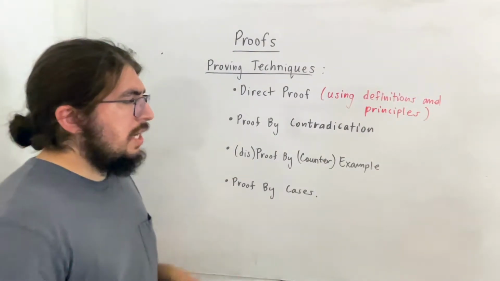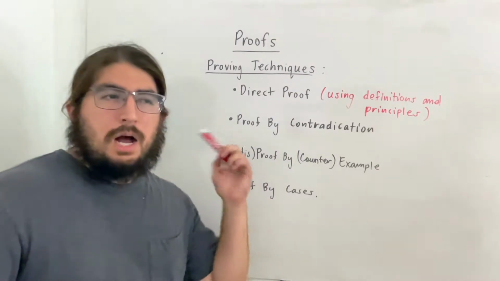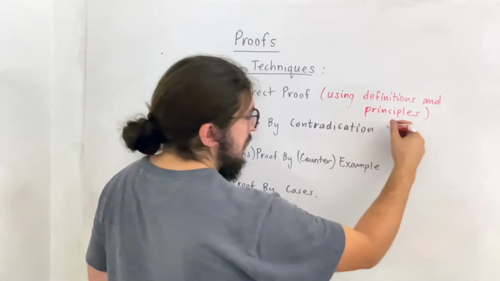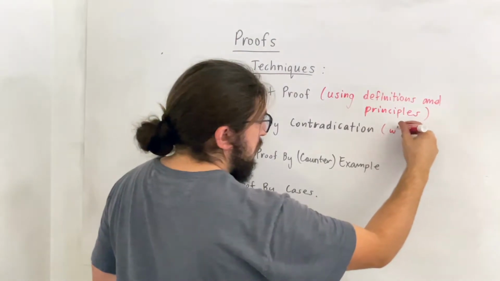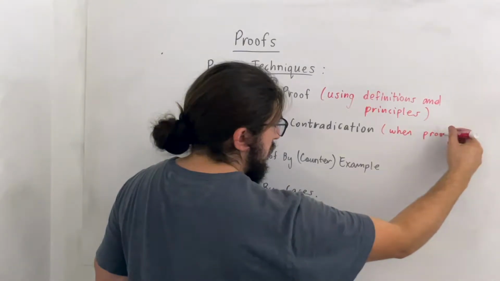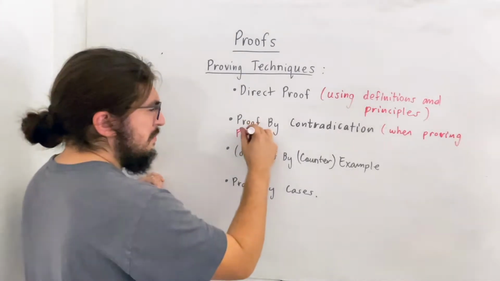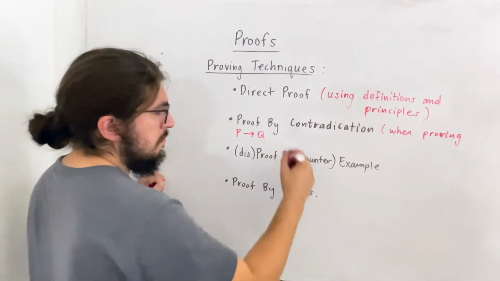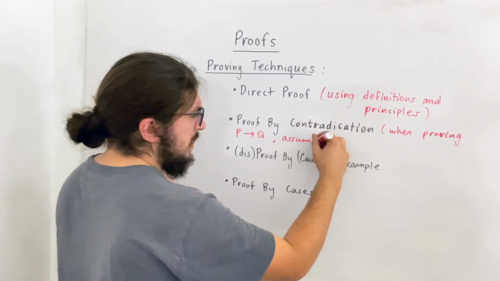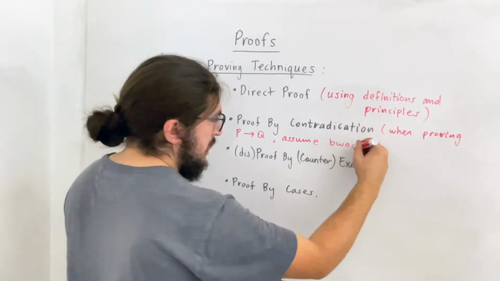Okay. Proof by contradiction. Here what you do is you actually assume the opposite of what you're trying to prove. So here let me say that when proving, let's say, if P then Q, we assume by way of contradiction, there's actually an acronym here, BWOC.